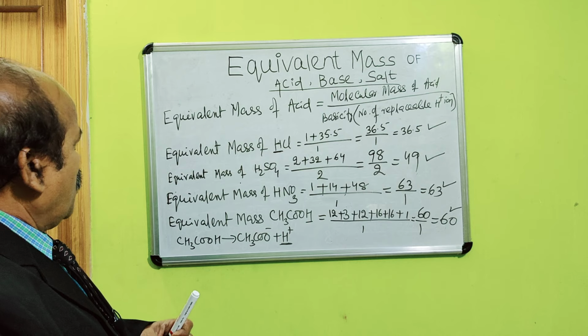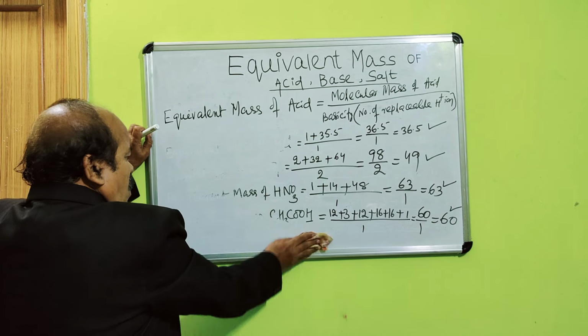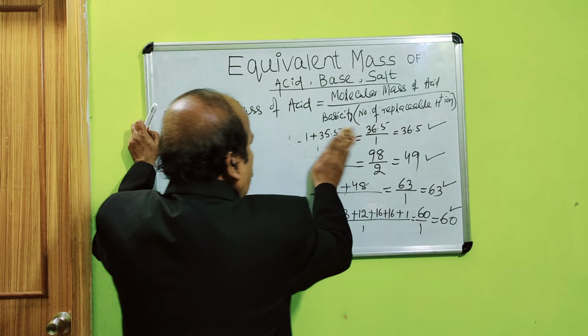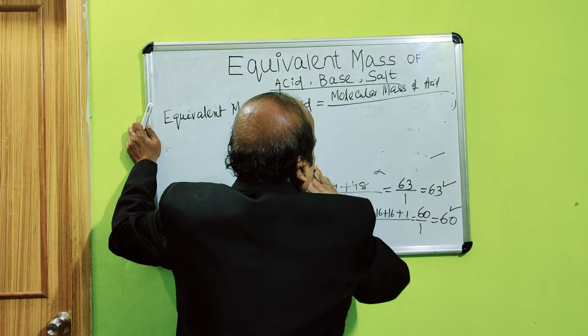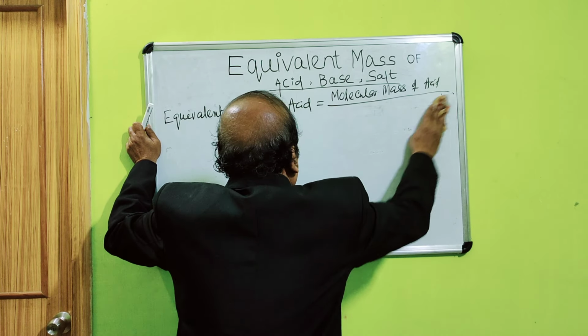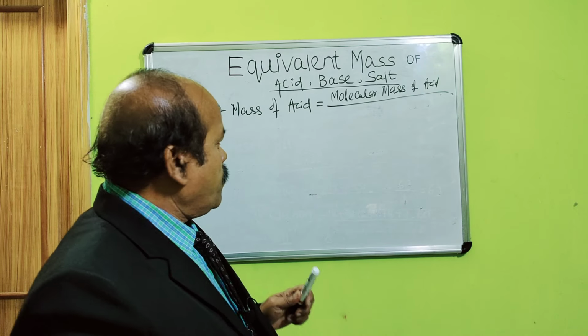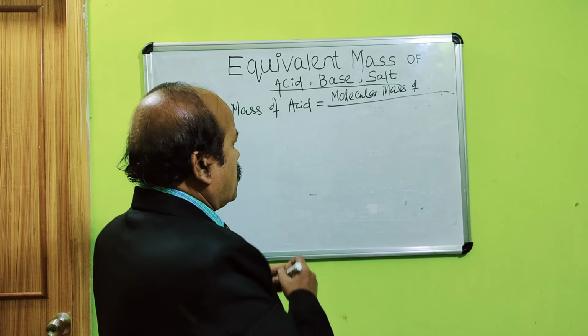Now let me tell you the equivalent mass of base. Equivalent mass of a base is also a ratio between the molecular mass of the base to the number of replaceable hydroxyl ion.